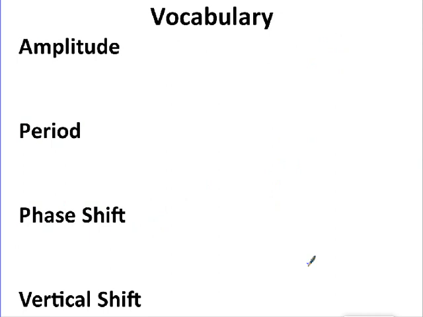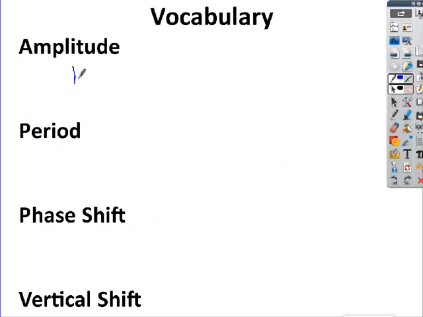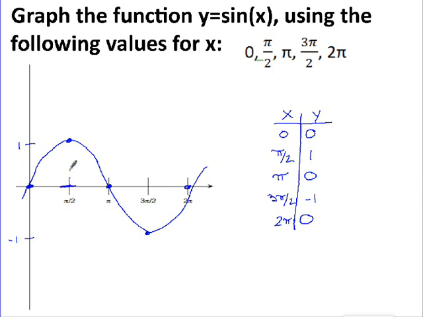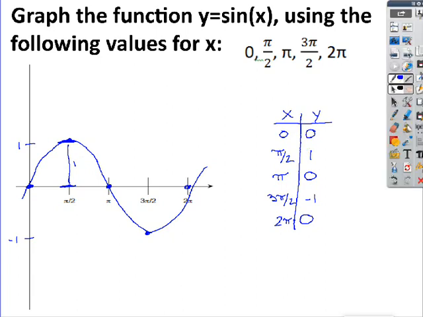And we have some key characteristics of this graph that we need to identify. First is called the amplitude. This is also the height of the wave. Okay, so if I'm looking from the middle of it up to the top, that is a height of 1. So this has an amplitude of 1.